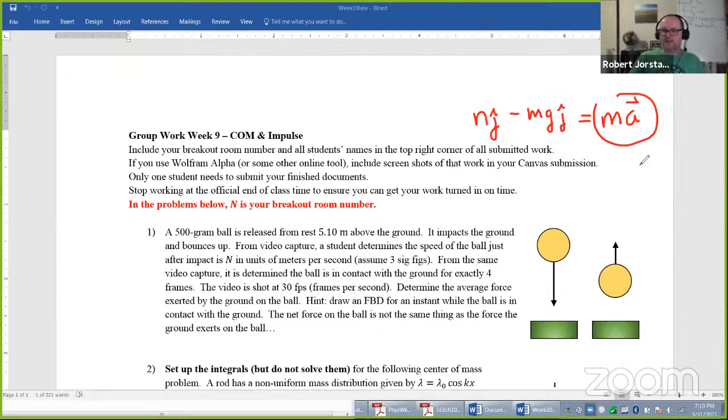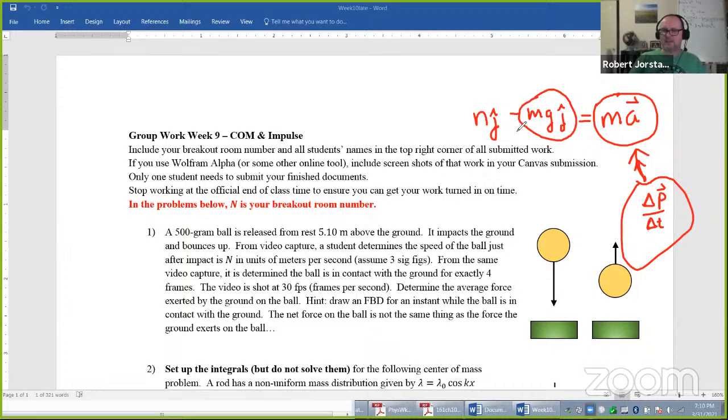This part right here is what you get from delta P over delta T. If you recall, this is what I said back in that lecture. I said, look, ma is one way of getting force, but this way is a better way of getting force. This way is accurate even when we're doing relativity. So this gives you the right side of the equation. Mg, that's pretty easy.